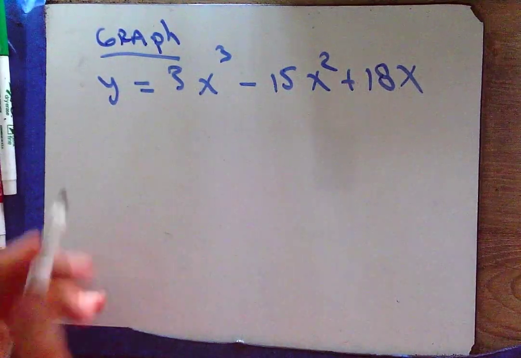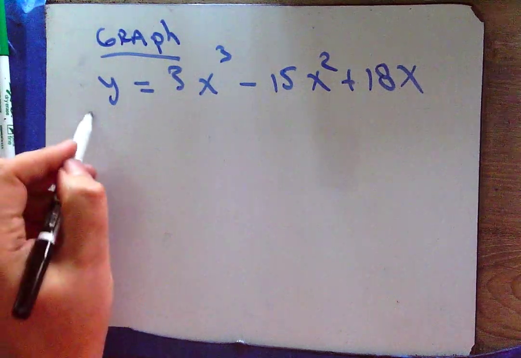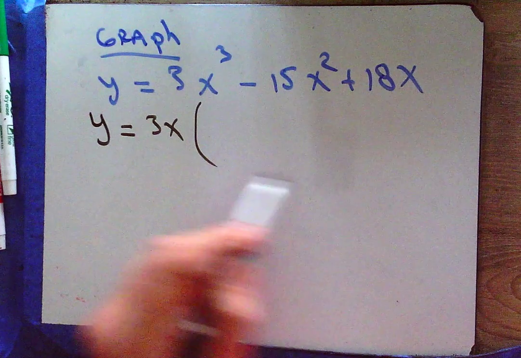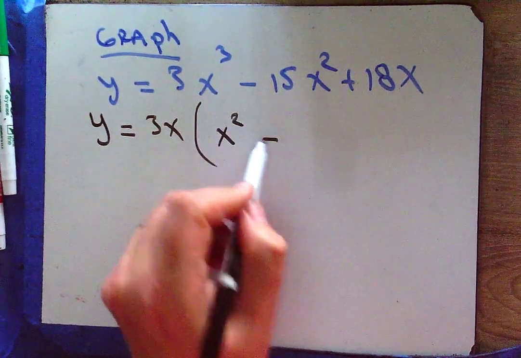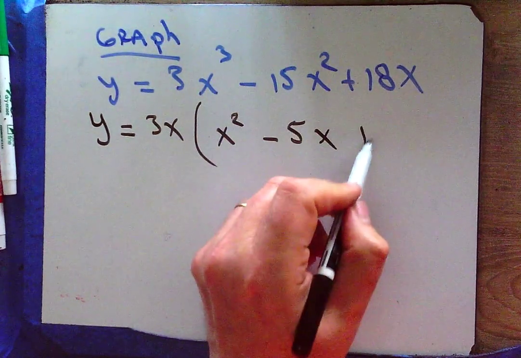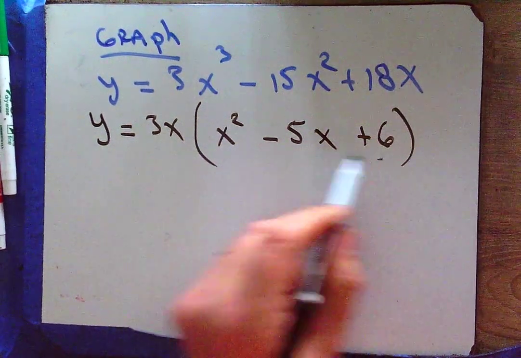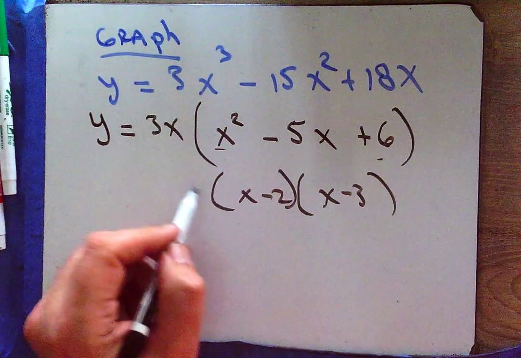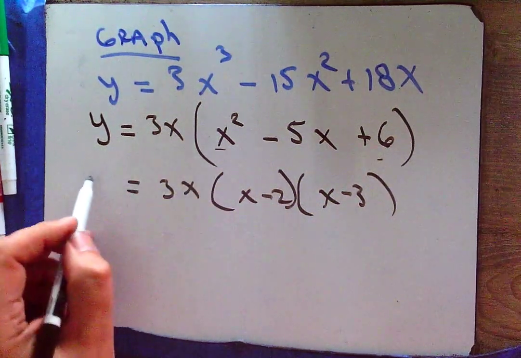Come back when you're ready to talk about it. So what I said in the last video was I was going to factor out a GCF from each of these terms. And so I'm left with x squared minus 5x plus 6. This is factorable as x minus 2, x minus 3, and here's a 3x in front.